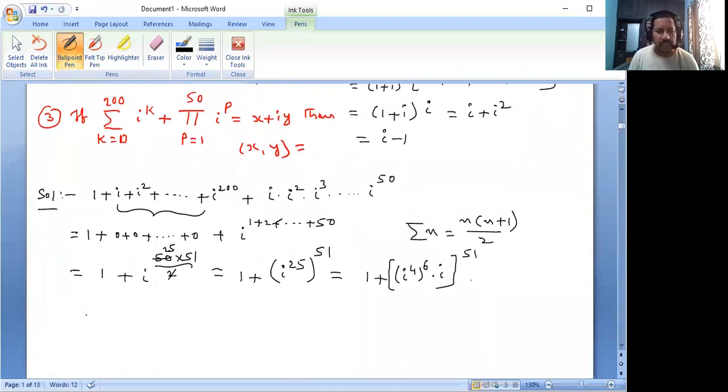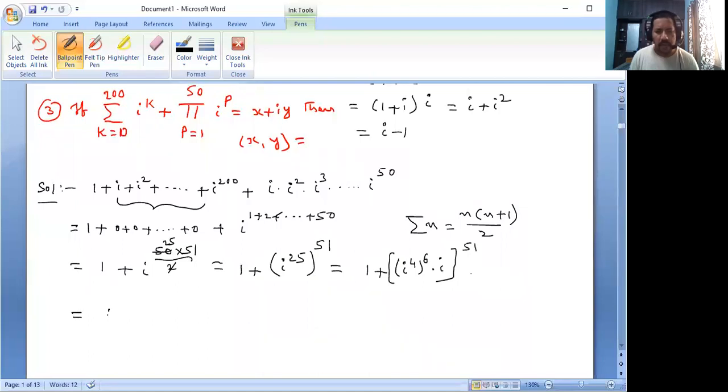Now that is equal to 1 plus i power 3. What is the i cube value? Minus i.